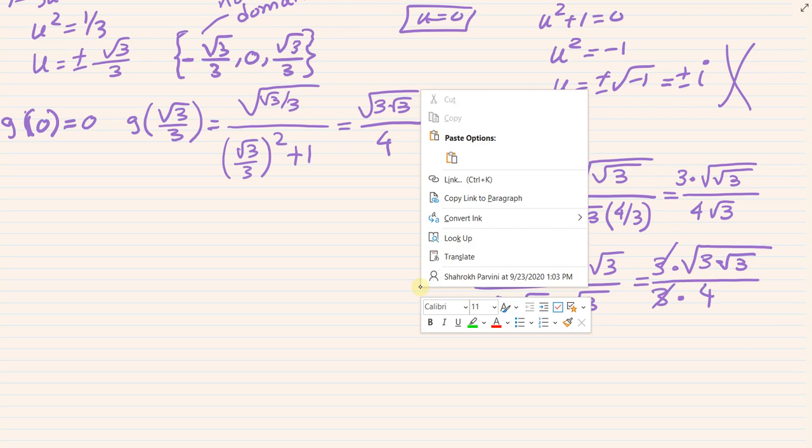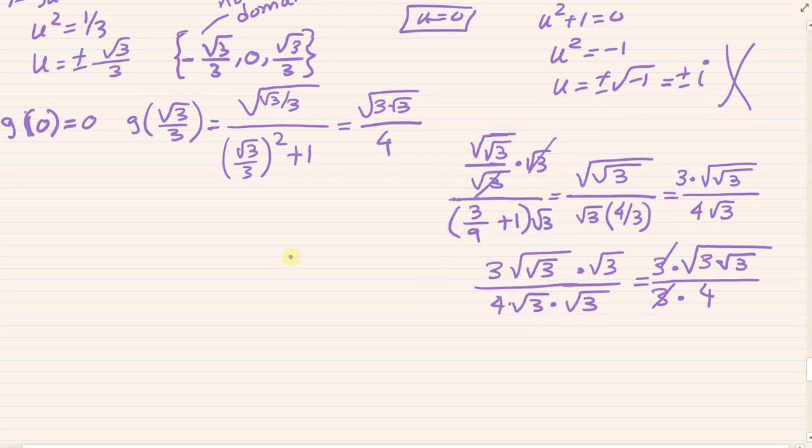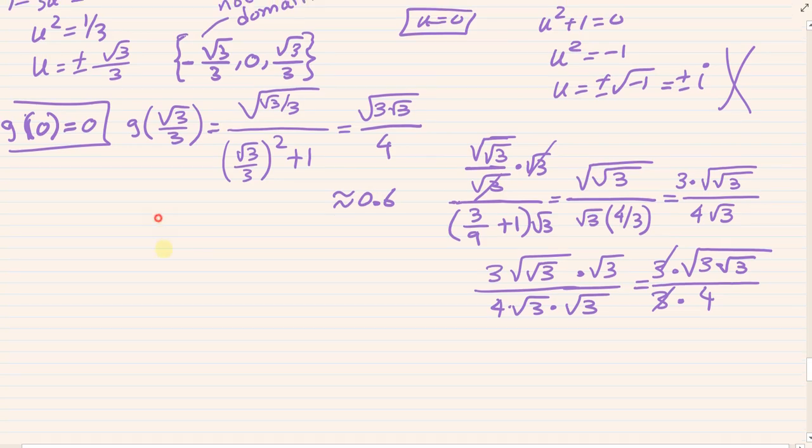All right. Now, let's take a look at our work here. We have g at 0 is 0. G at root 3 over 3 is root 3 over 4. This number, root 3 over 4, turns out to be approximately, when I did it on my calculator, about 0.6.